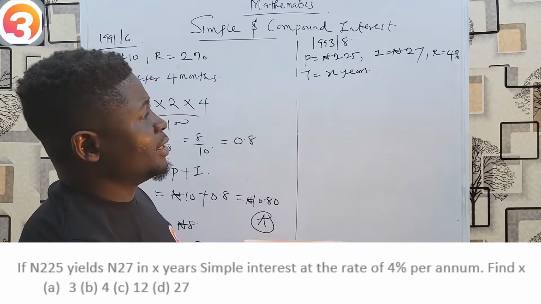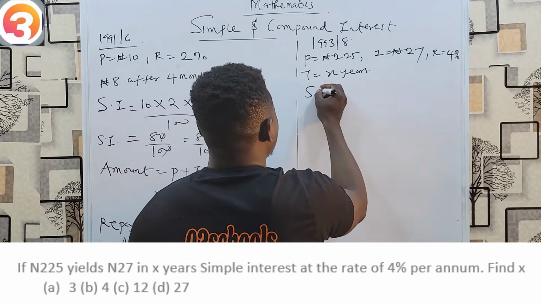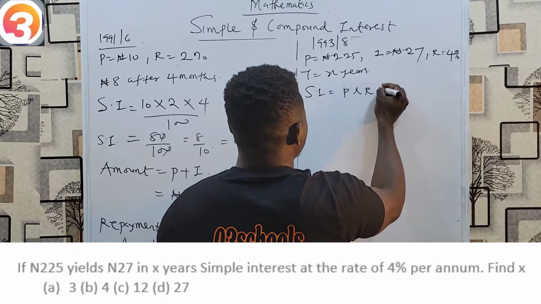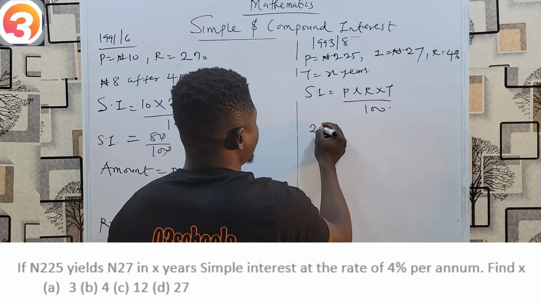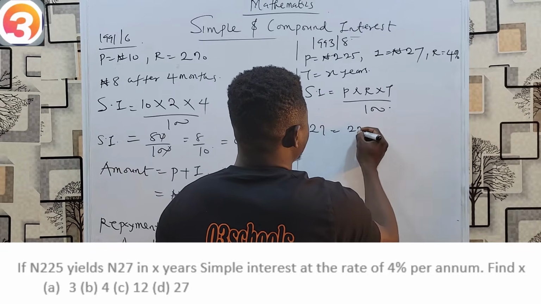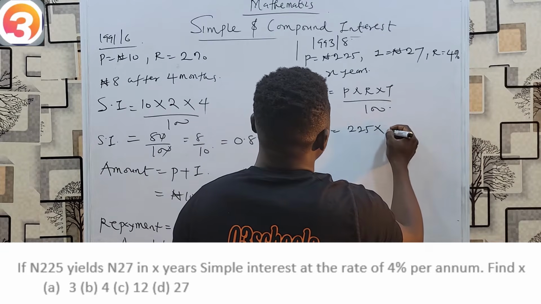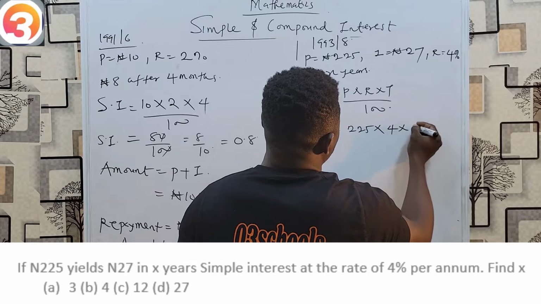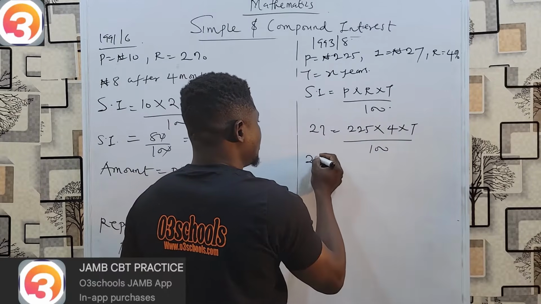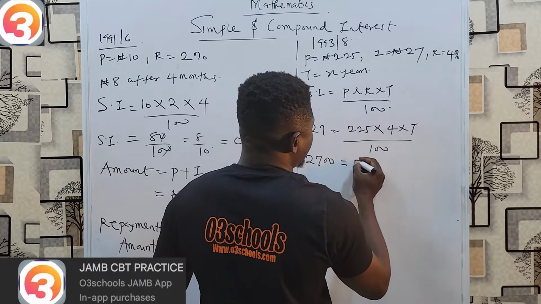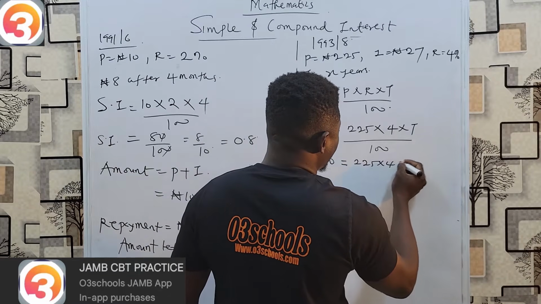So we know our formula. Simple interest SI is principal times rate times time over 100. We know our simple interest to be 27, our principal to be 225, our rate is 4, we don't know our time, over 100. So let's multiply. So 2,700 is equal to 225 times 4 times t.